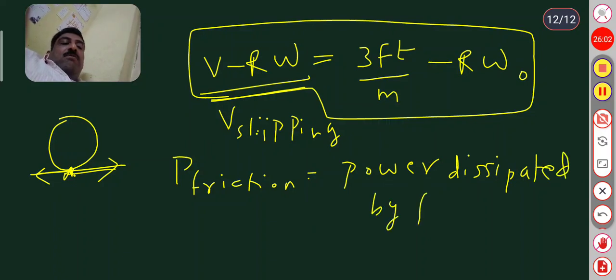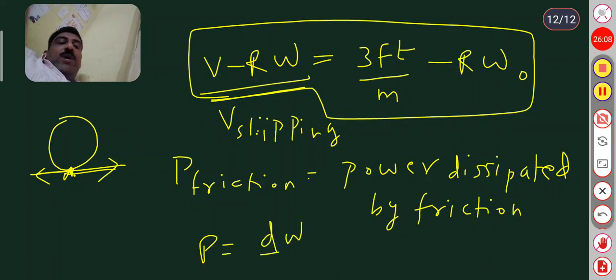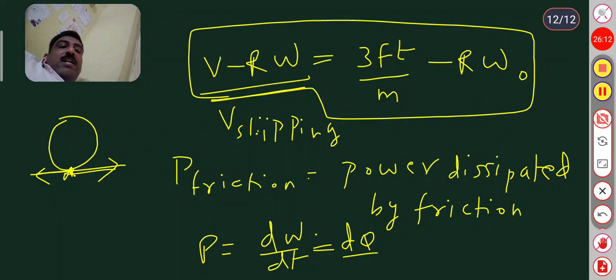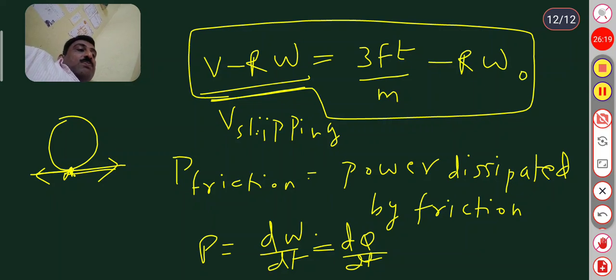Power is equal to dW by dt, and this work done is converted to heat, so power dissipated is equal to dQ by dt.